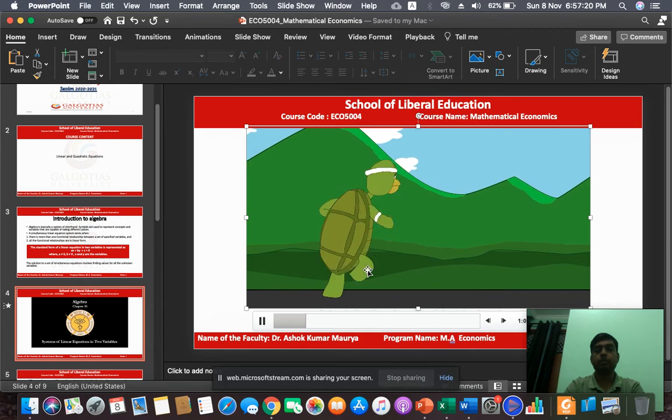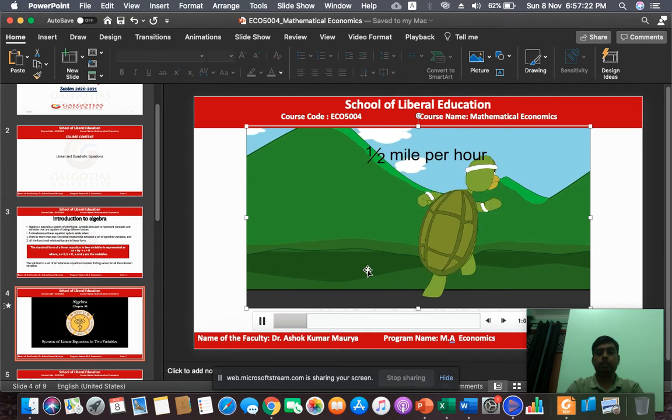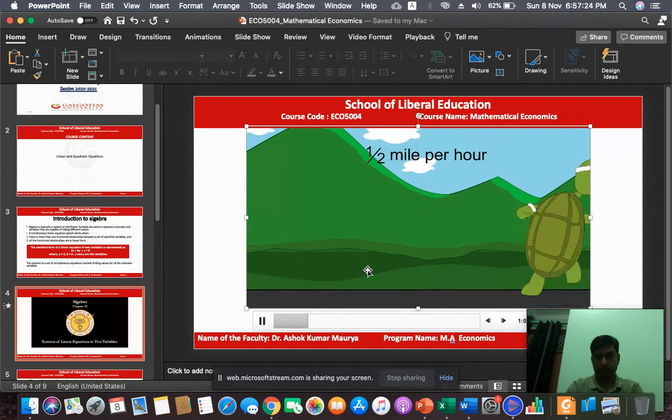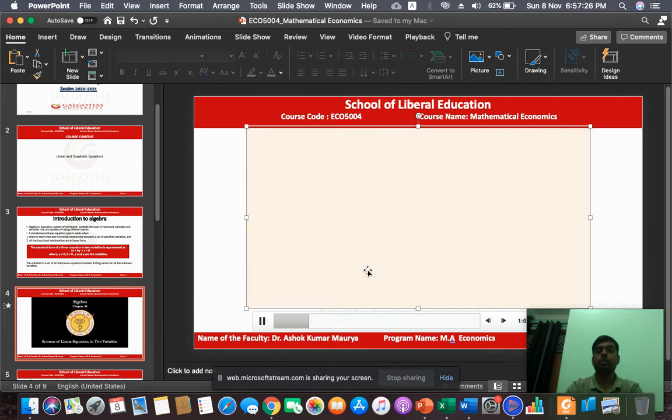This is a story where the hare and the tortoise are having a race, and here we are representing the race in the form of an x-axis and a y-axis. On the x-axis we are representing the hours, and on the y-axis we are representing the distance in miles.